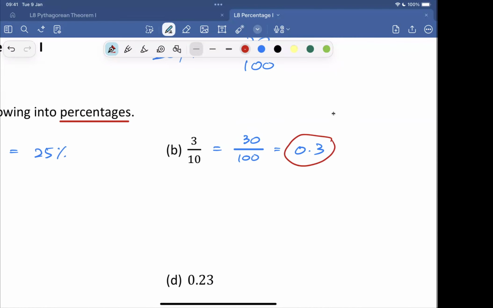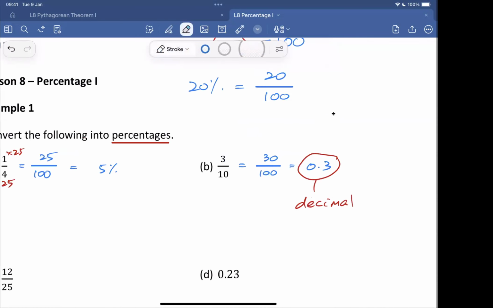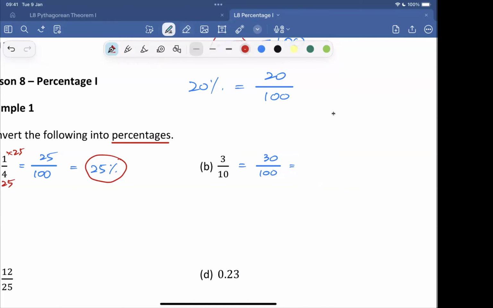Is this a percentage? What is this? It is a decimal. It's not a percentage. So what does a percentage look like? It looks like this. Okay. So can you tell me what percentage this is? 30 out of 100?